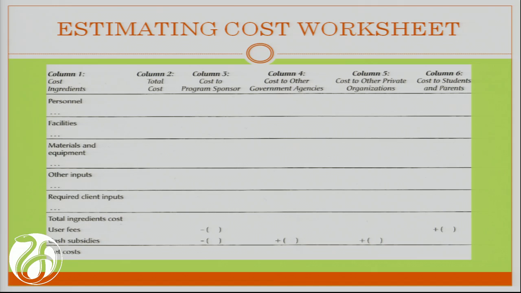Column 2 is where we put our pricing, what these resources cost in terms of their social value, opportunity cost, and then what we do is we divide them according to different constituencies who are paying for them, and you can later match this up if you have good data on effectiveness for each of these constituencies or benefits. And we include the cost to students and parents.